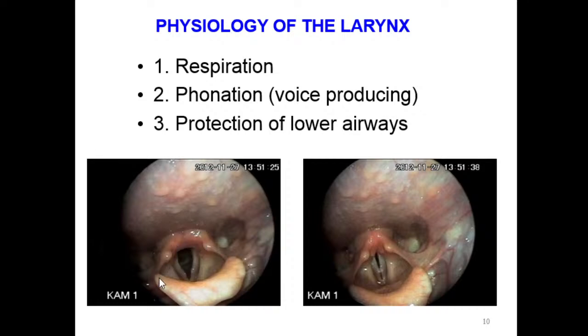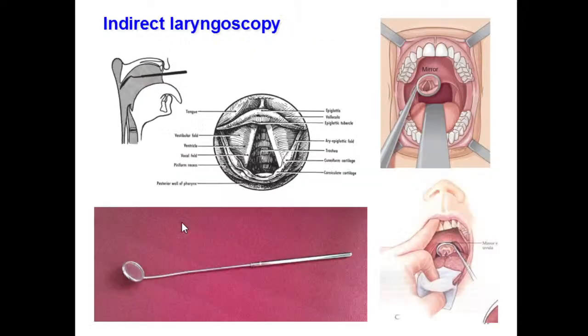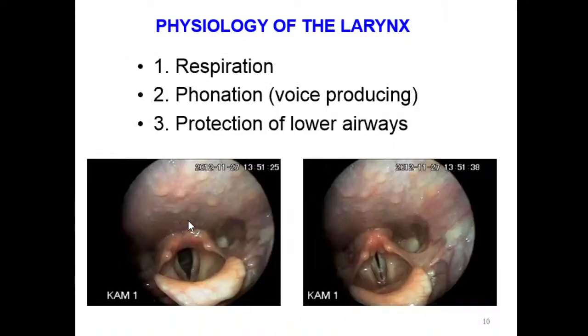Here is the aryepiglottic fold. Here is the sinus piriformis. Here you can see the true vocal cords. Here are the false vocal cords or mucosa. And behind the arytenoid cartilages, here is the entrance to the esophagus.